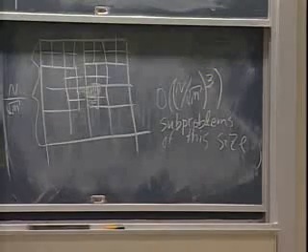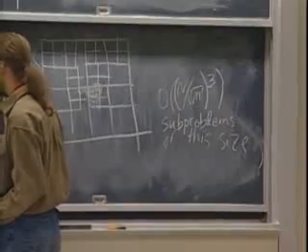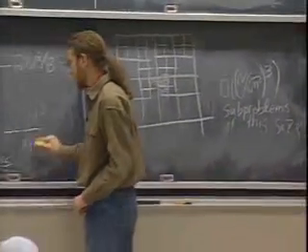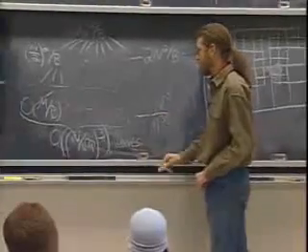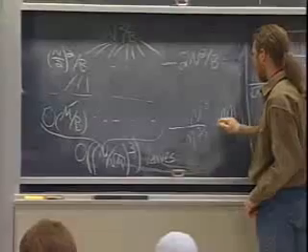So the total here is n cubed over m to the 3/2, that's the number of leaves, times the cost of each leaf, which is m over b.